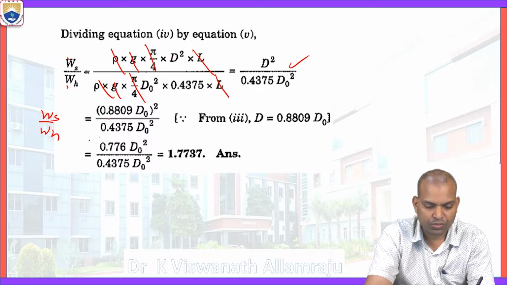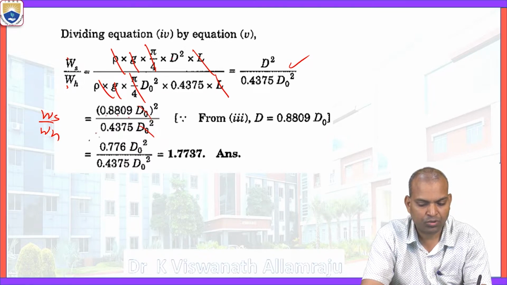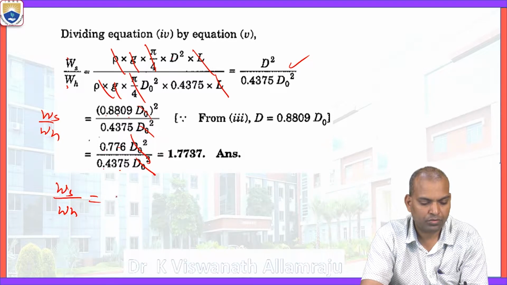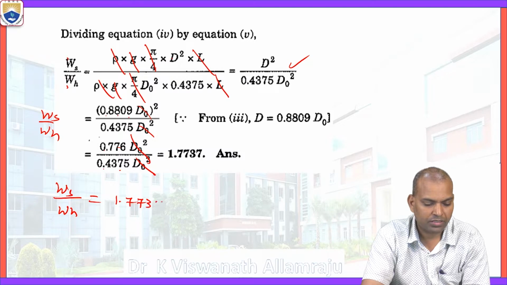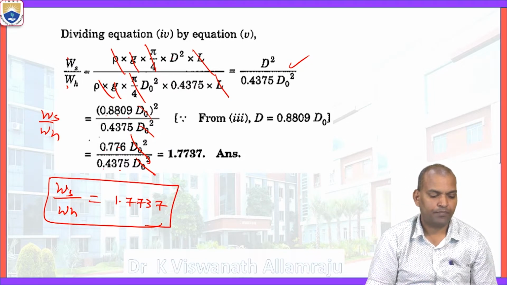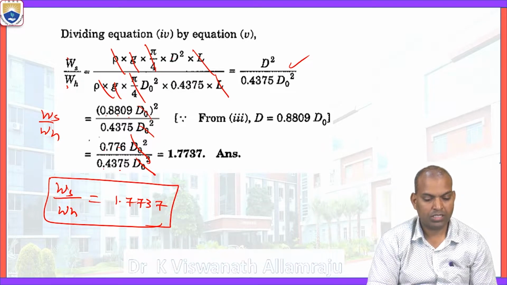Substitute here the D value. Then d naught square cancels, and 0.8809 whole square becomes 0.776 by 0.4375. Finally Ws by WH equals 1.7737.